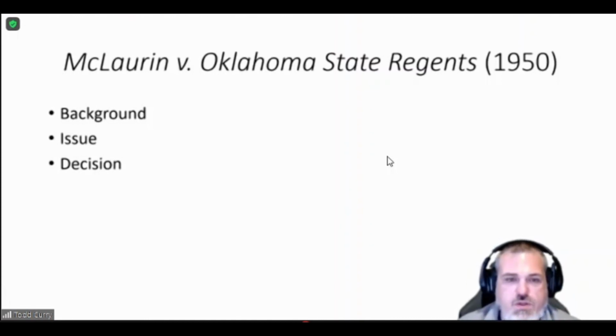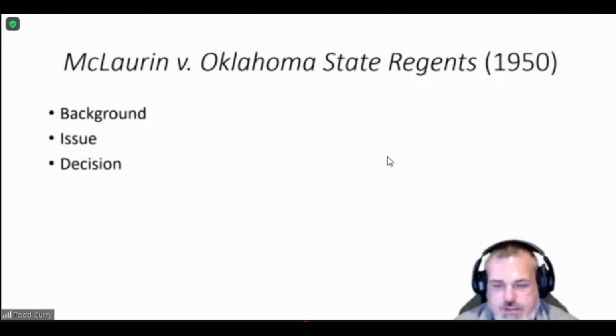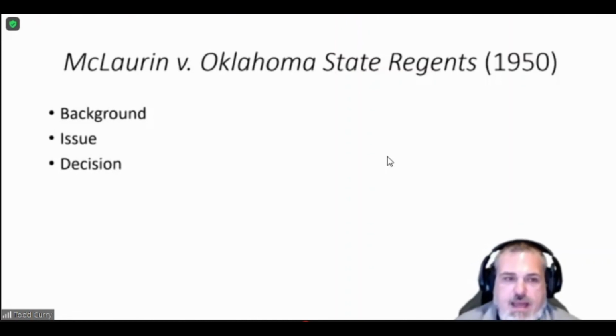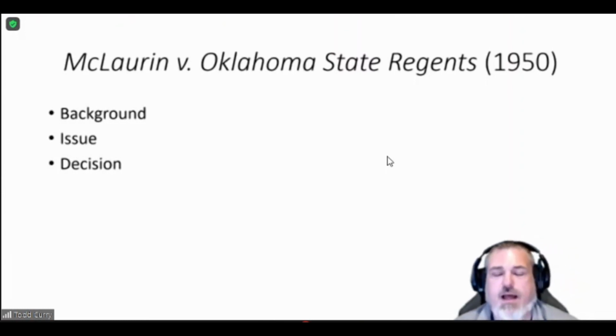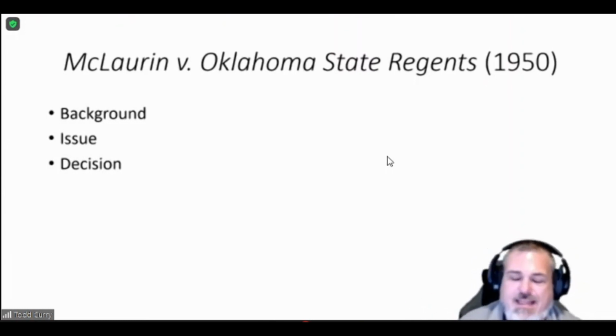So the NAACP has set the stage for what they're going to do, and has built up this train of precedent that will allow them to take the next logical step in the argument that they're making.